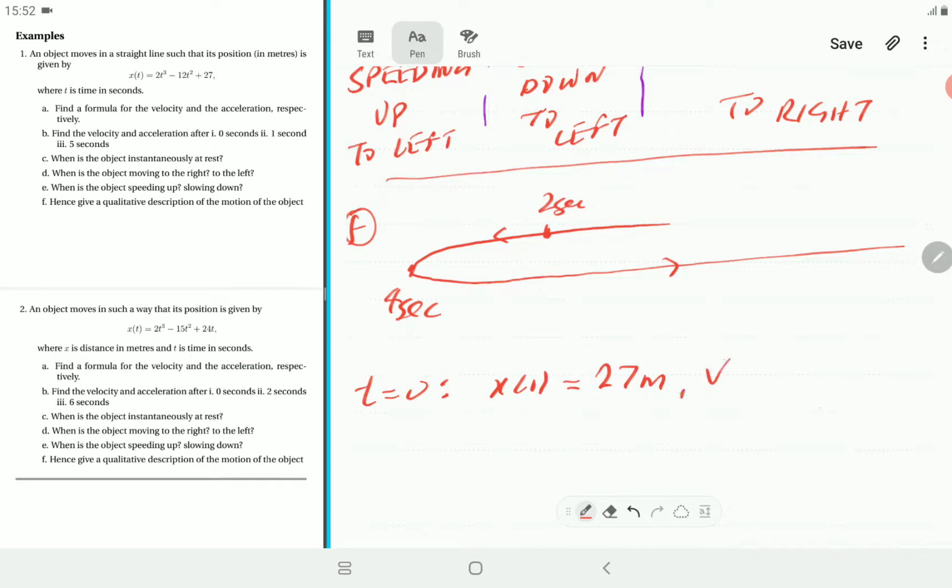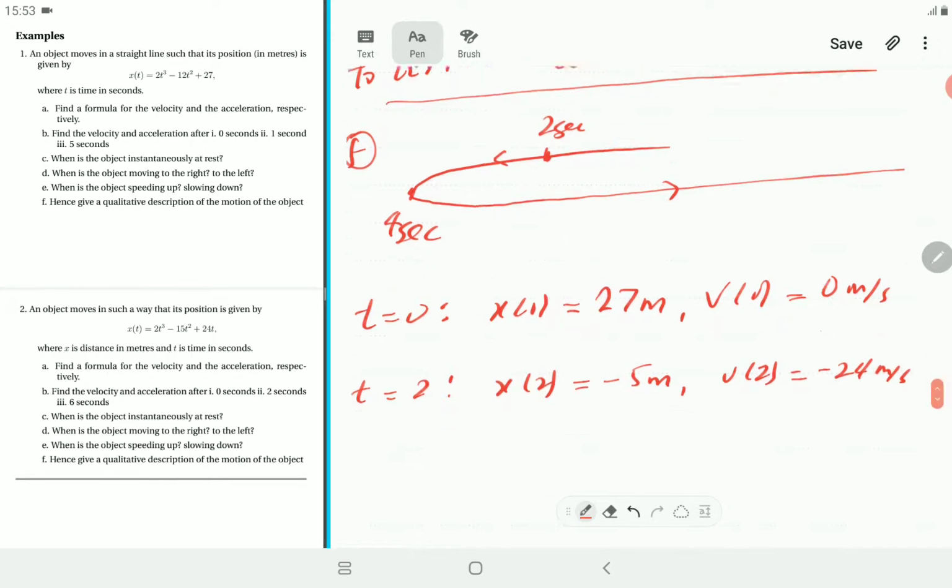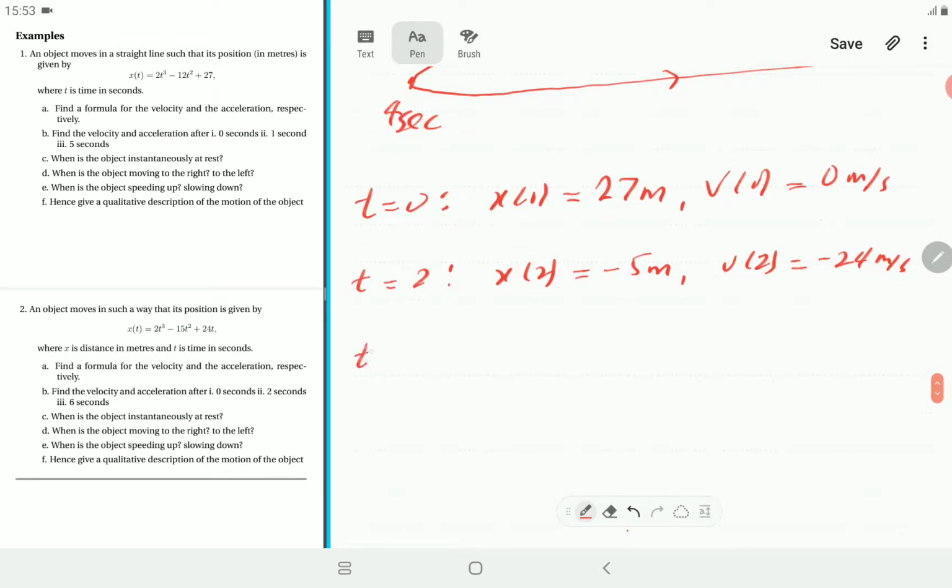The velocity at 0, we have already seen, is 0 meters per second. Then after 2 seconds, the position is 5 meters. The velocity at 2 seconds is minus 24 meters per second.